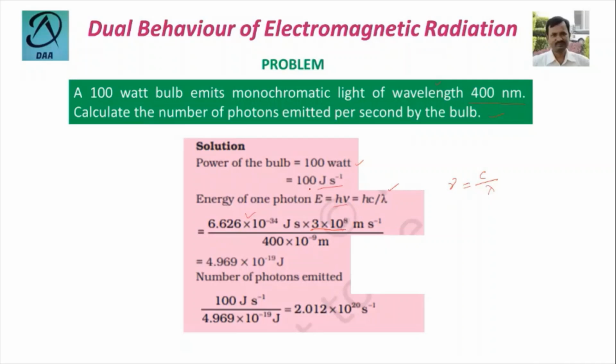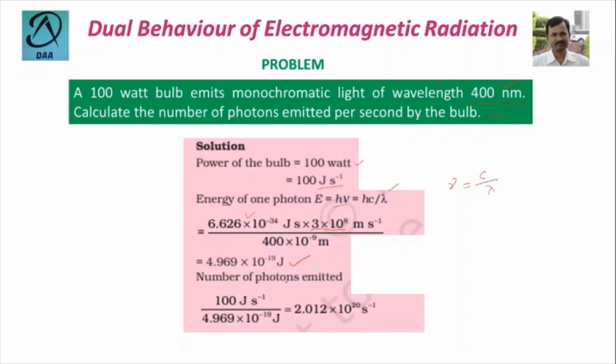Lambda is already given in this problem: 400 nanometer. That means in meters, 400 multiplied by 10 to the power minus 9 meter. And ultimately the energy of one photon, after calculation, is 4.969 multiplied by 10 to the minus 19 joule.